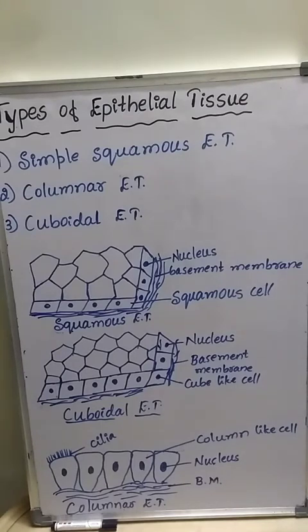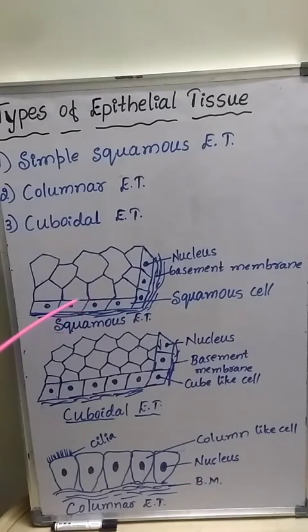This epithelial tissue contains a group of flat cells that fit together like tiles of a floor. Hence, they are also called pavement epithelium.